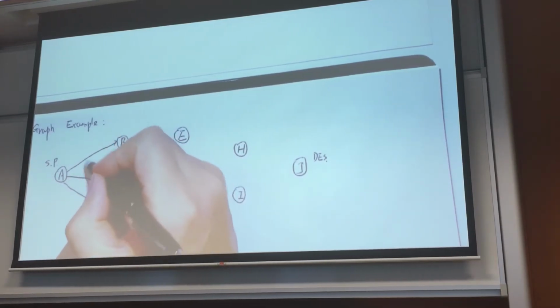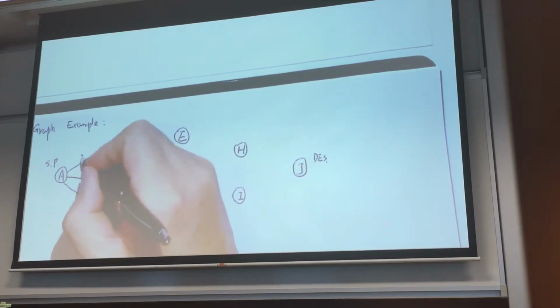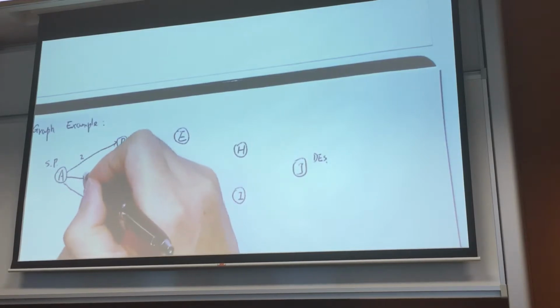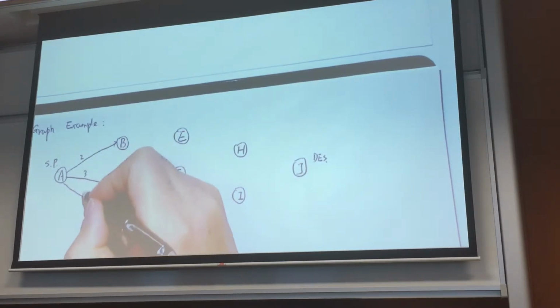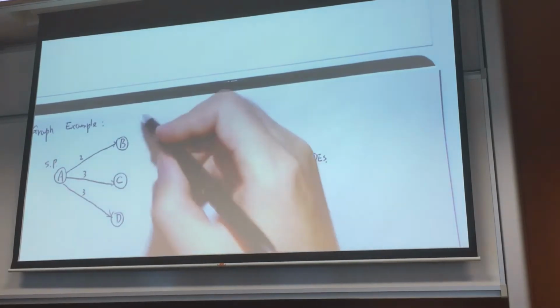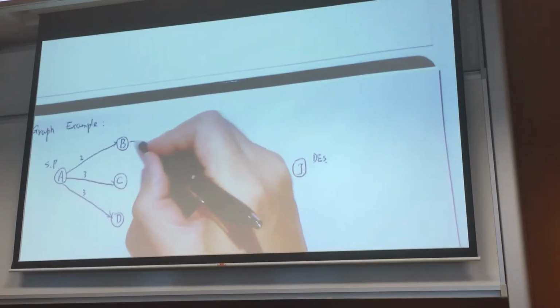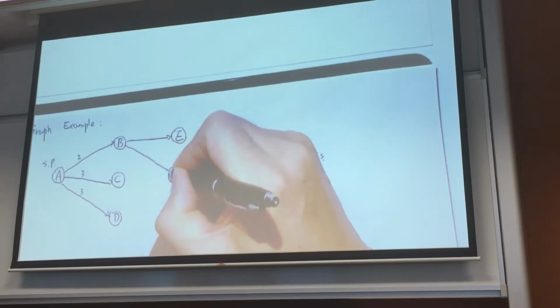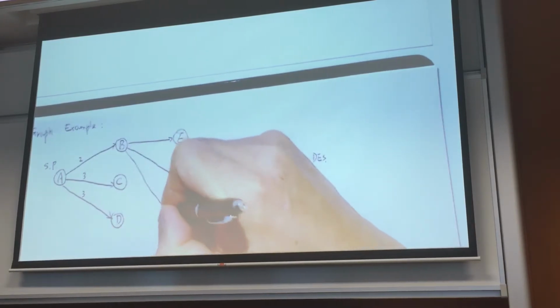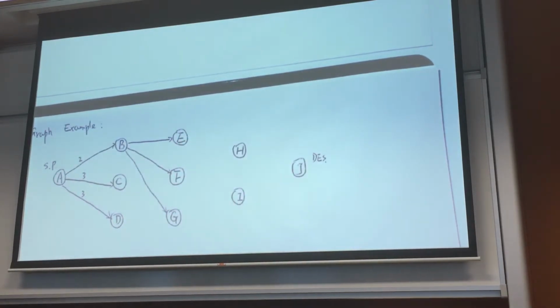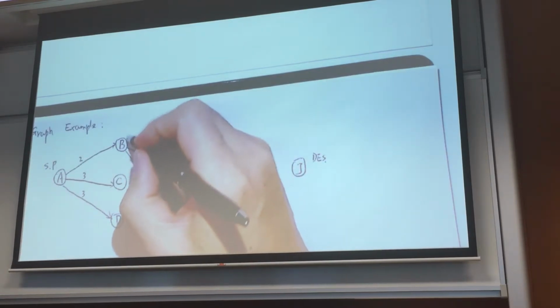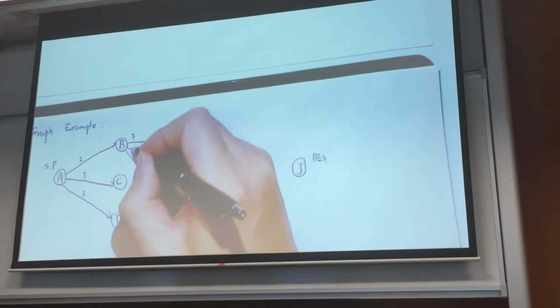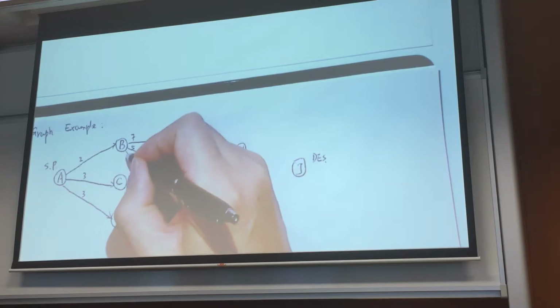The weights, also the distances, are unknown, so we define the distance. From B, we have links to E, to F, and also to G. The distances are defined by 7, 5, and 6.